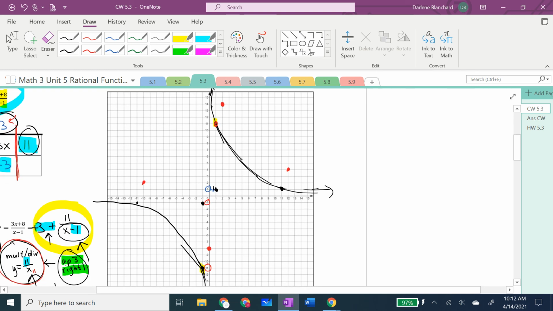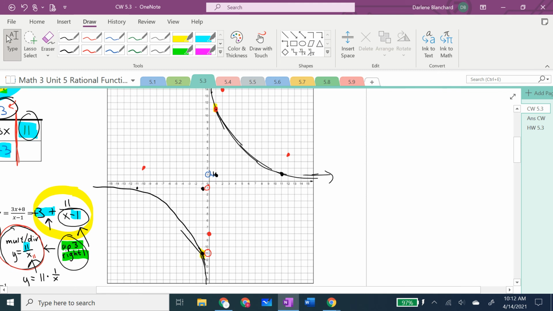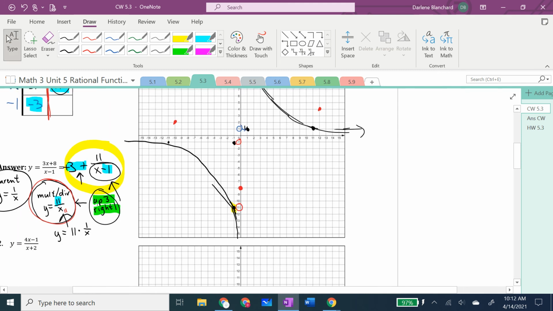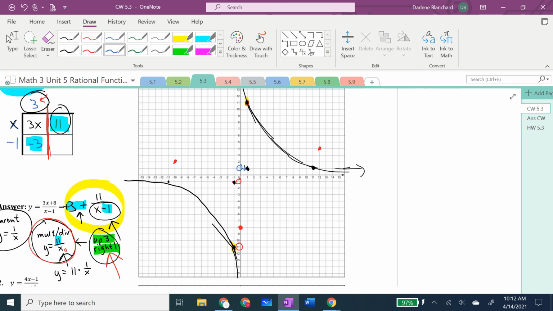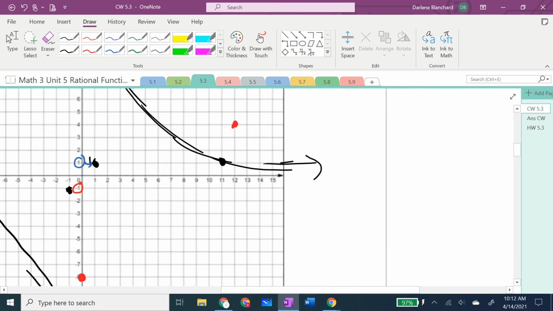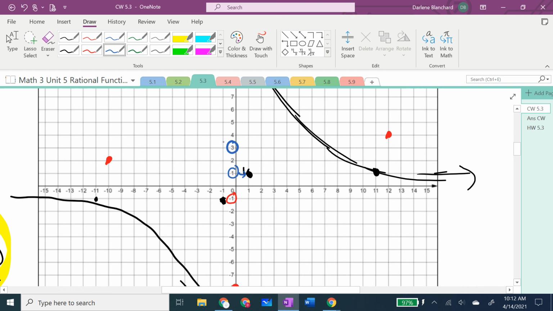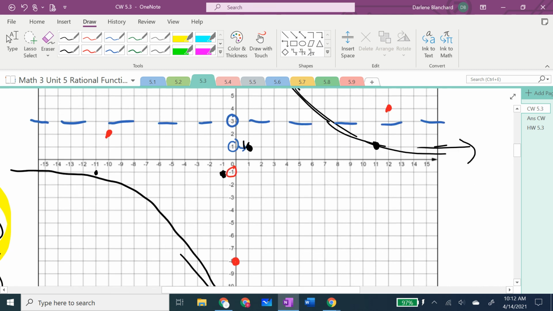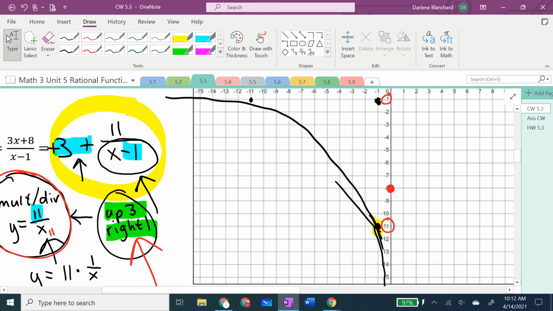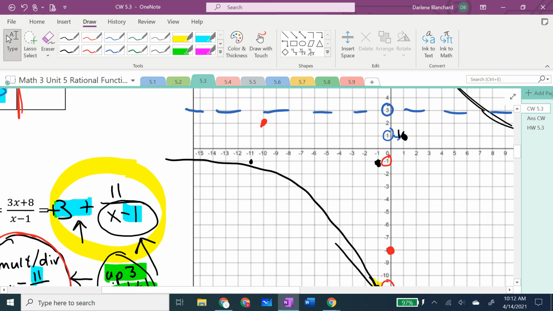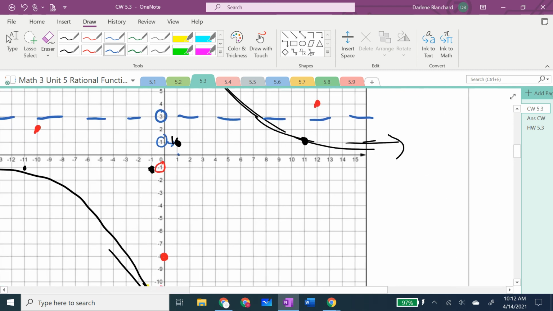So you can literally read this, and this tells you where your asymptotes are. Up 3. Up 3 means y equals 3. Right 1 literally means right 1.